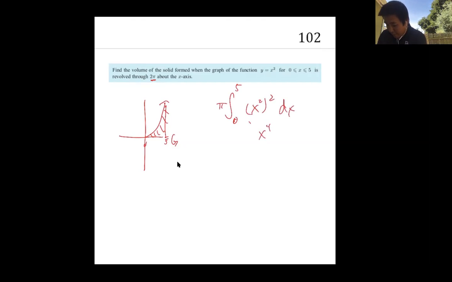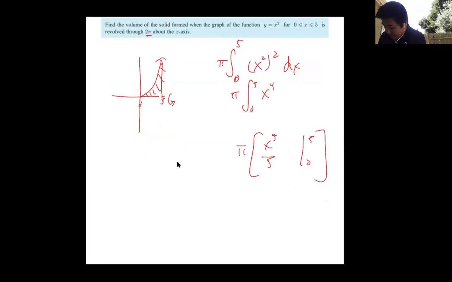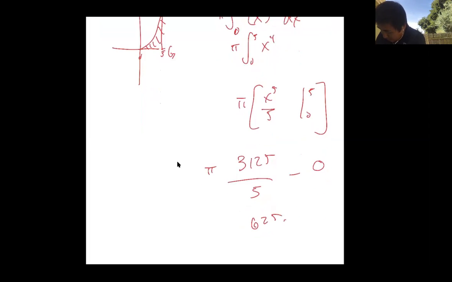So it's x to the fourth, from 0 to 5, times pi. x to the 5 over 5 from 0 to 5 times pi. 5 to the 5th power is 3125 over 5. 625 times pi minus 0, so 625 pi units cubed.